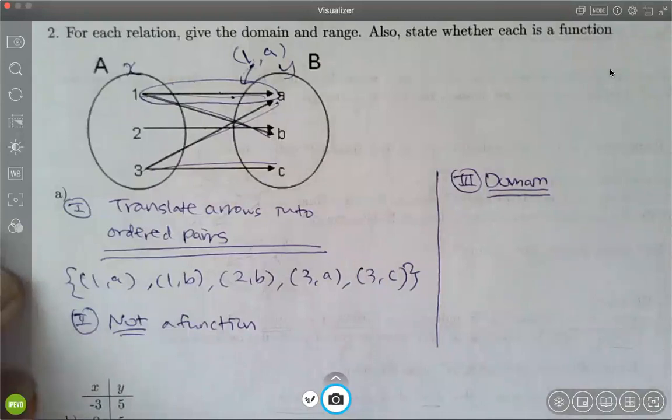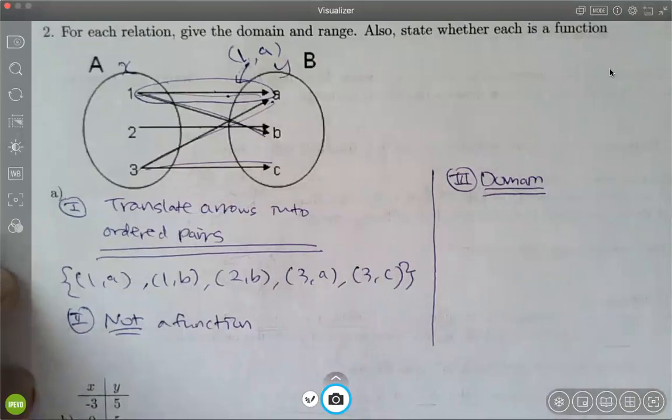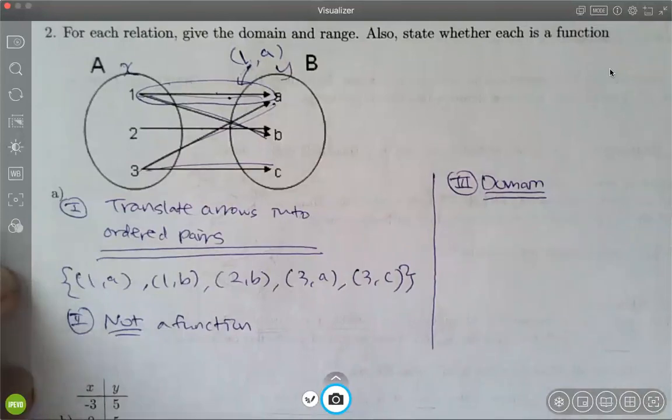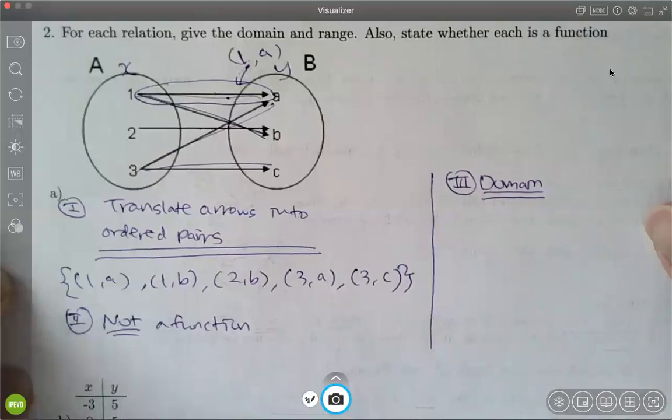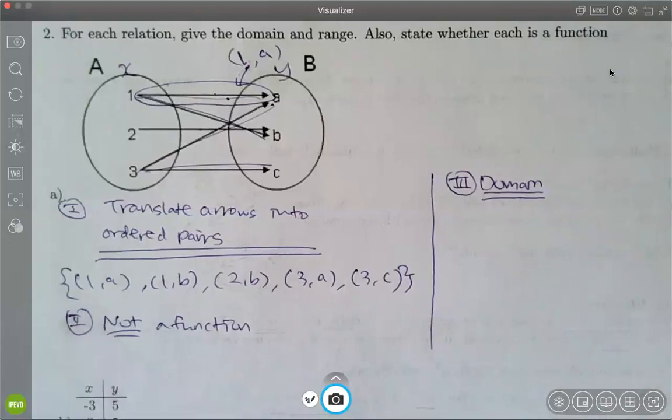So now, what is the domain here? Remember, the domain is what? X values, right? So what kind of X values do we have? 1, 2, and 3, right?